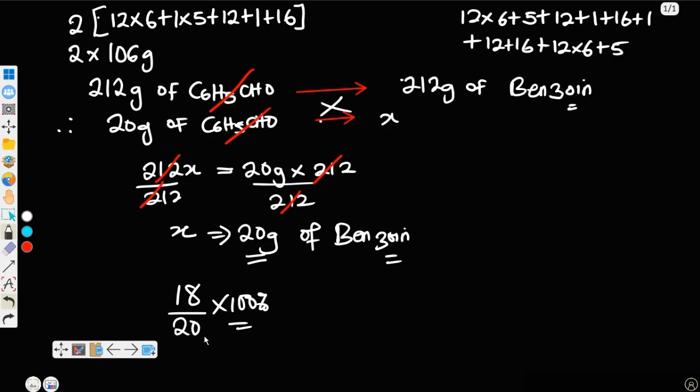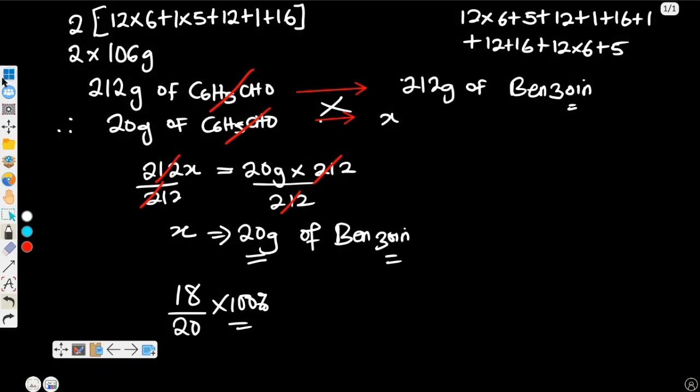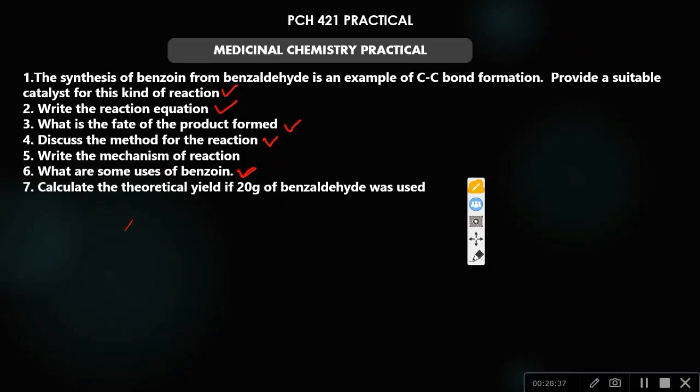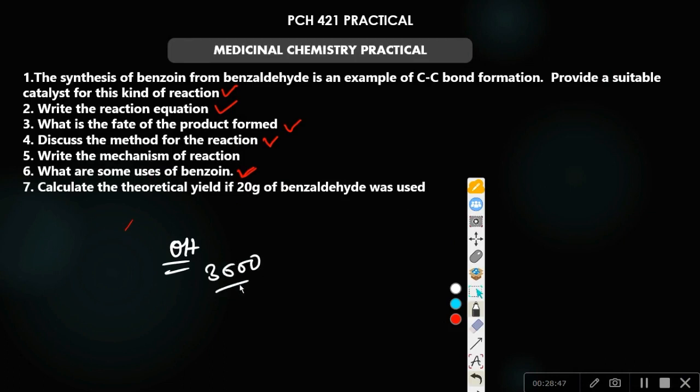All right, so that is that. We'll see in the next one. I believe that is every other thing. Then if they ask you the IR, those things, benzoin has OH functional group, so you are going to see IR at 3600 for OH.